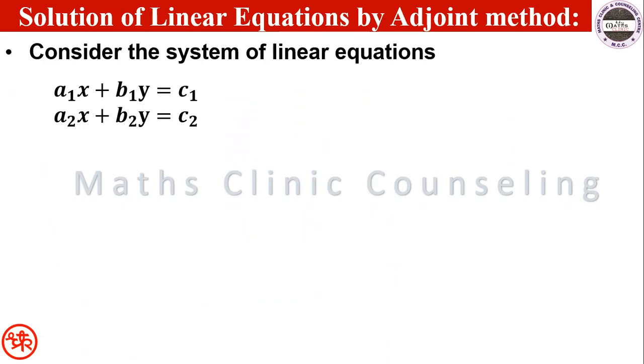So this system of equation can be written in matrix form like this: a1, b1, a2, b2 matrix, and this is x, y. And on right hand side is c1, c2.